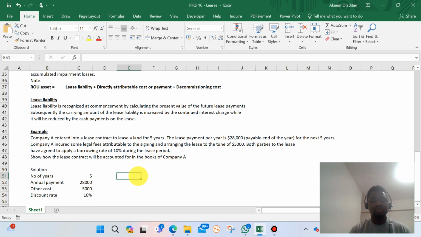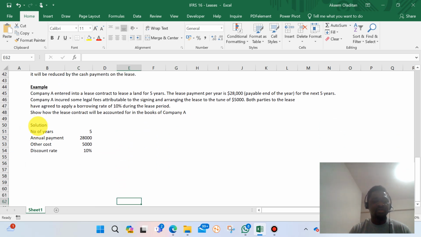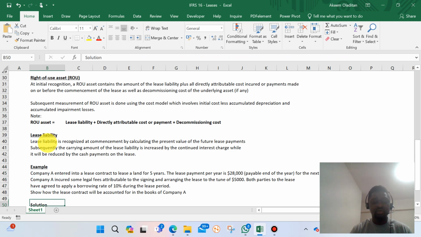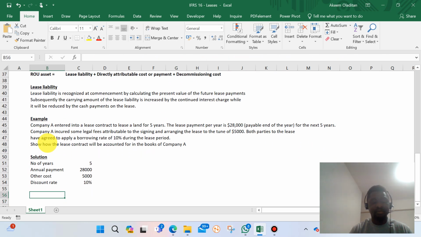So to now show this, there are two things we need to consider. Don't forget, the standard made mention of what we call lease liability and also right of use. So for us to arrive at these two, we need to have an amortization table. So let me just draw an amortization table. Let me say lease amortization table or schedule.